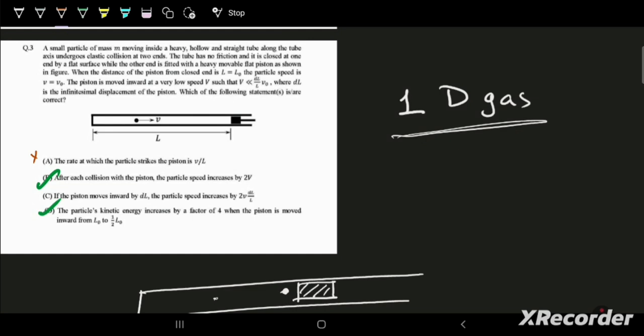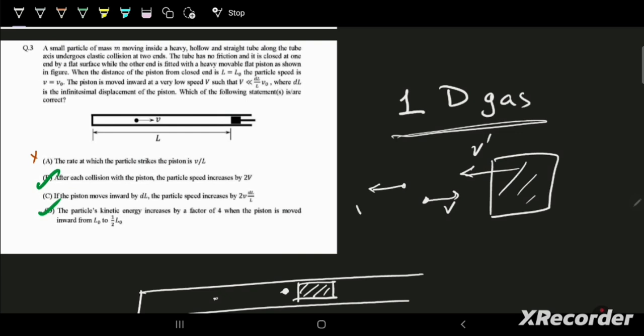If a very heavy mass, suppose a truck, is coming with velocity v dash and hits a fly which is moving with velocity v, then the fly again starts to move with velocity v plus 2v dash, because the truck's velocity will almost remain unchanged. It will increase by 2v dash. So after each collision the particle speed increases by 2V, of course correct.